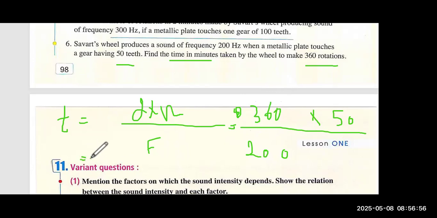Give me 1 minute until I calculate it. 360 times 50 over 200, so the product will be 90 seconds, but this is a false answer because he needed it in minutes. So you must divide it by 60, and it will be 1.5. Yes, that's right, 1.5 minutes.